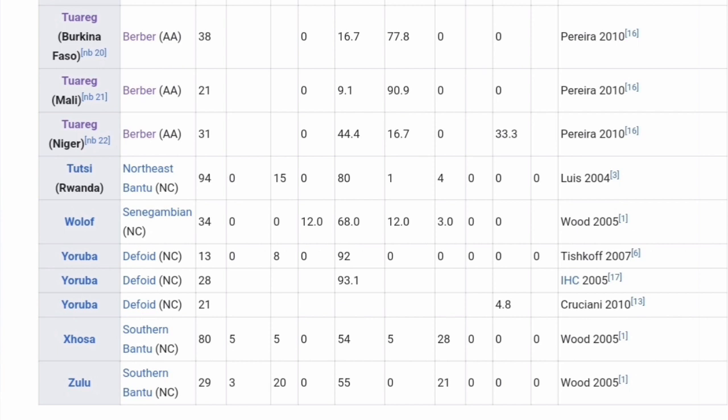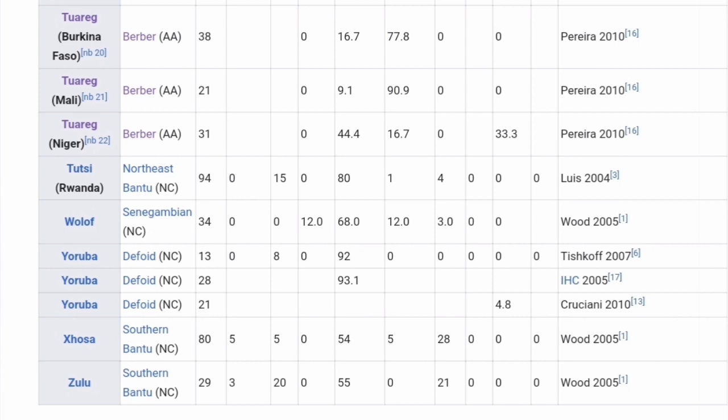So again, you have another DNA that's in the list that is being shown to be visible in both Europe and Africa. Now these people took this and made it sound like, because some of these are more frequent in Europe or the Middle East, this means that the Egyptians must be Middle Eastern.